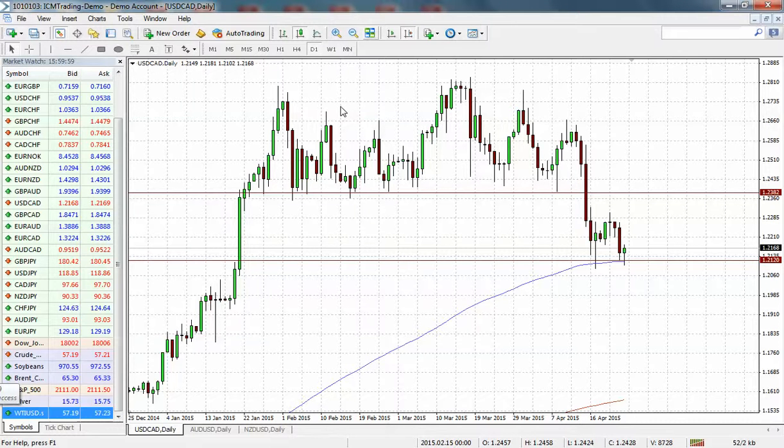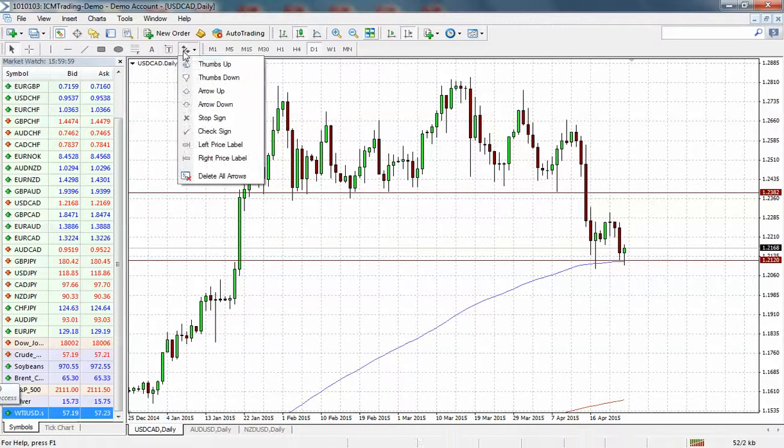I'm gonna go through about 3 pairs. And let's just see what we have here. All right, so the first thing that I noticed that you see that I have marked on this chart are these critical areas. First, this line here, and this second line here. And we also have this 150 EMA that has come up and has met price at this support level.